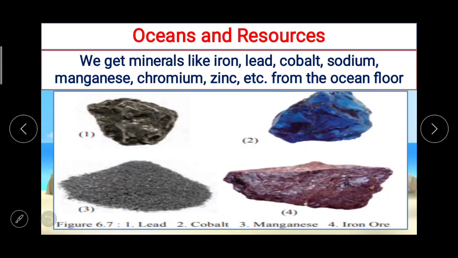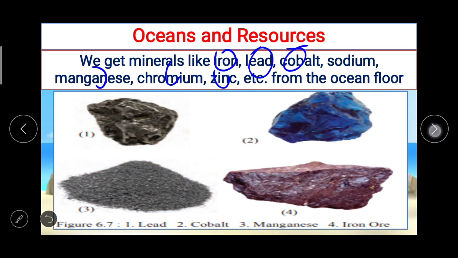Then the next thing, oceans and resources. We get minerals like iron, lead, cobalt, sodium, manganese, chromium, zinc, etc. from the ocean floor.